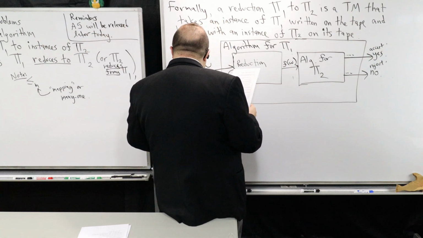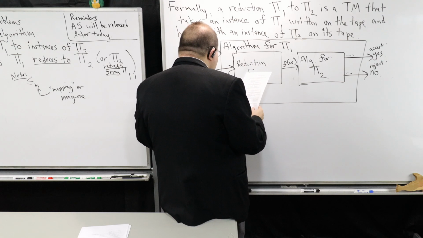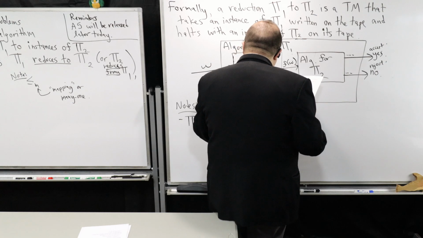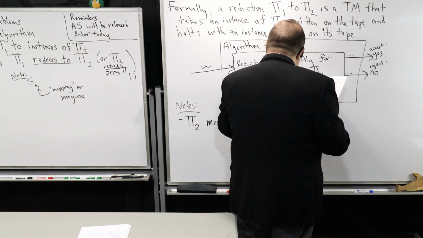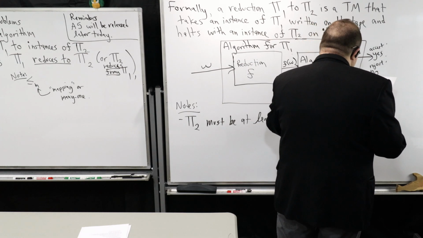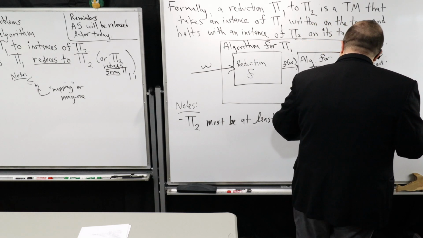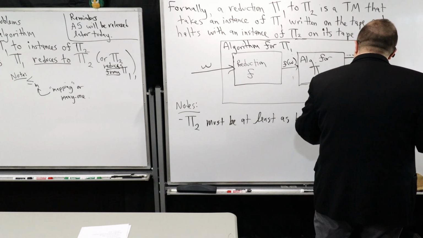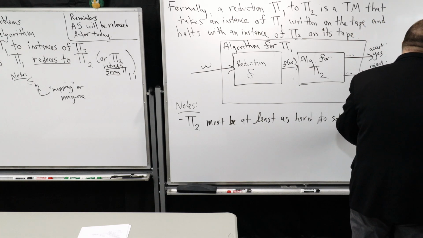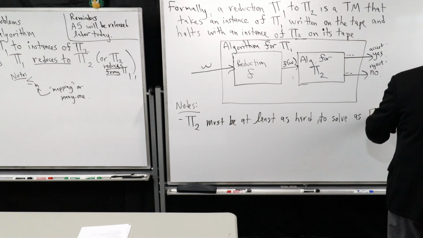So the first thing I should point out is pi2 must be at least as hard to solve as pi1. Why?